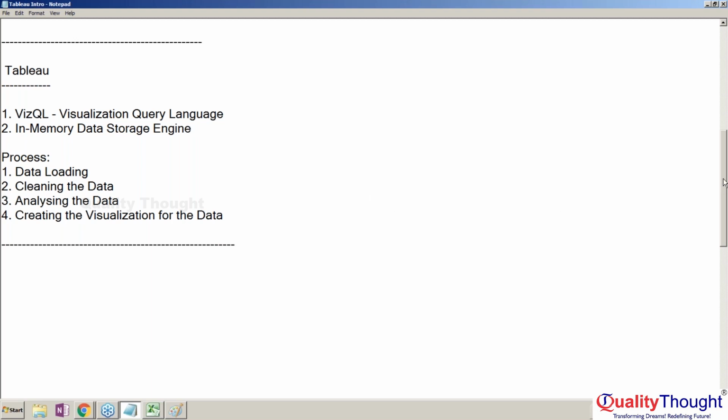Can you please tell me an example of a NoSQL database? Mayuri, excellent. Cassandra. Any more?